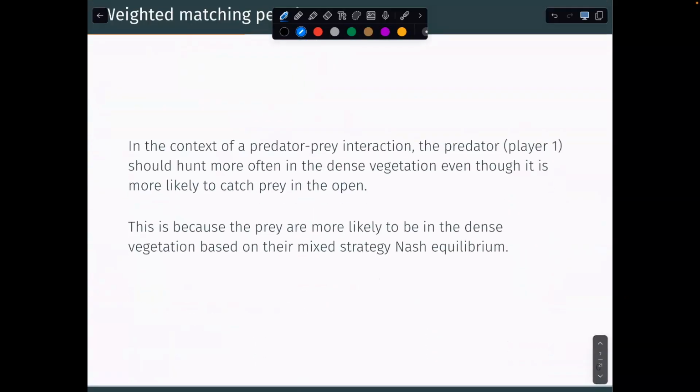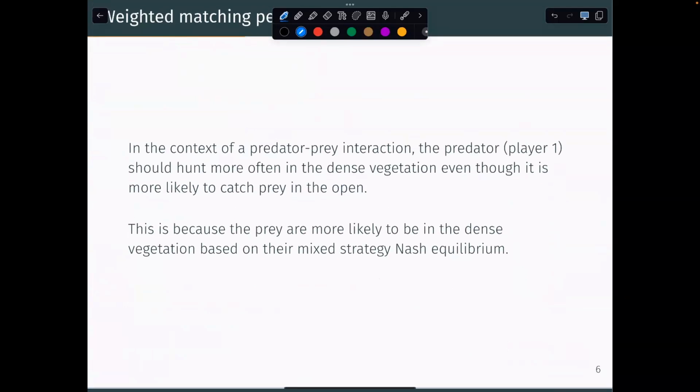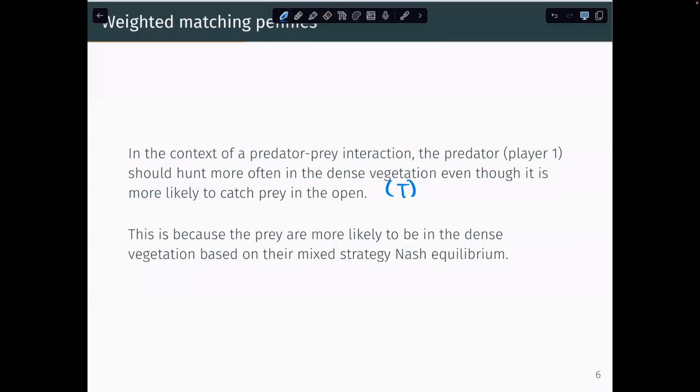Okay, so we've talked about heads and tails and this idea of matching pennies, but what are some biological interpretations of this? Well, if we go back to our idea of a predator-prey interaction, and suppose, for example, in this case, we're going to suppose dense vegetation is tails in this case, and player one is the predator.